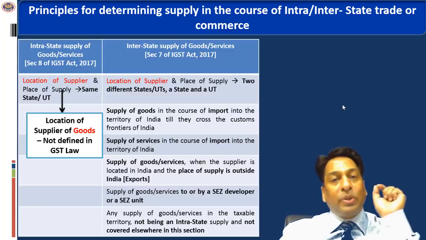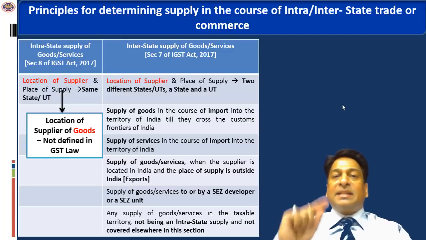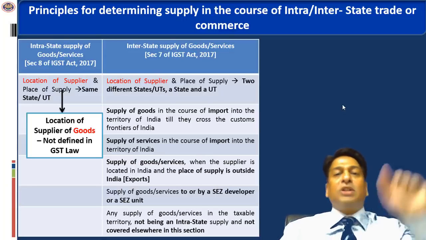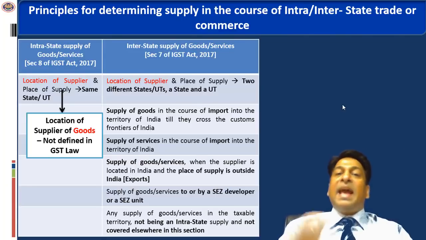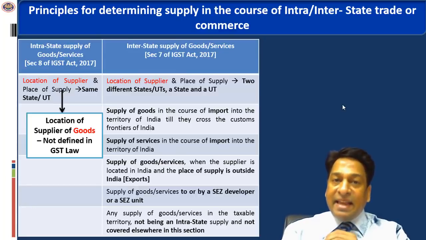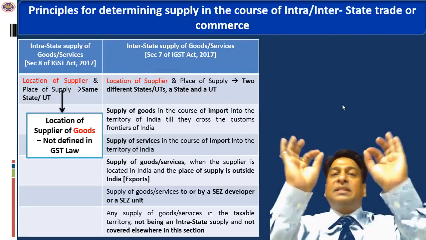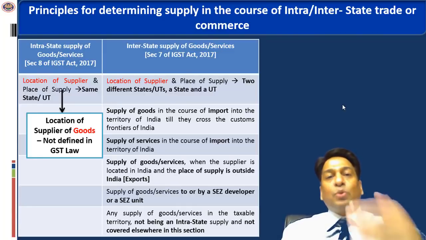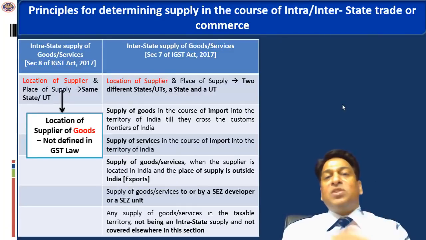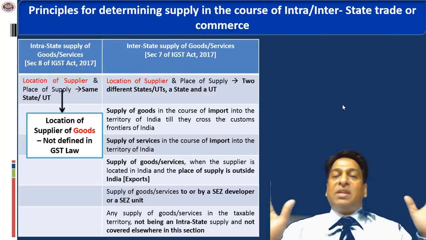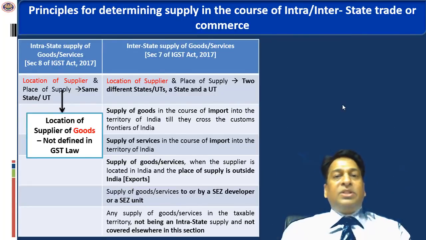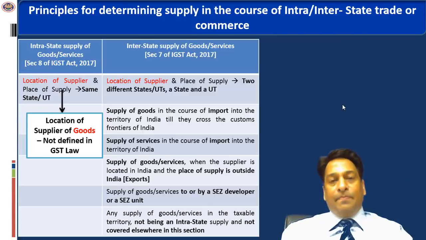And Schedule 3 says a supply is neither a supply of goods nor a supply of services. As I started with the high seas sale, high seas sale is now part of Schedule 3. So when it is part of Schedule 3, GST is not leviable.